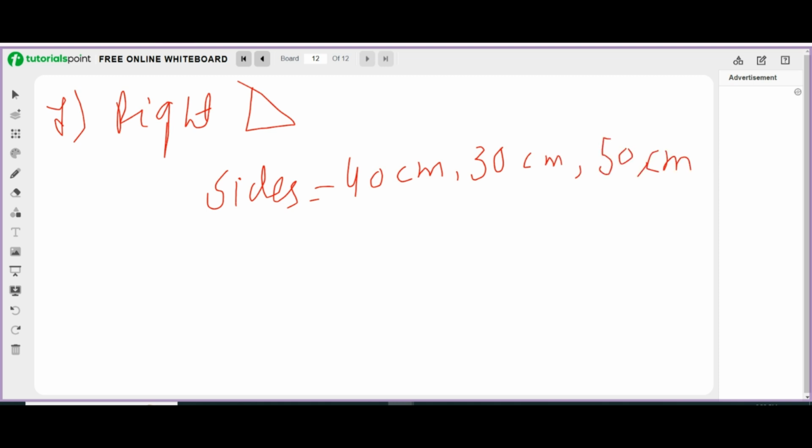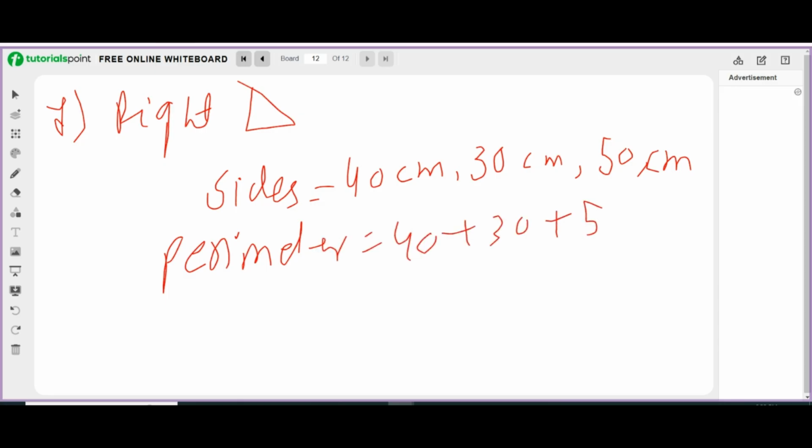And then what is the perimeter for the right triangle? Answer? 120 centimeter. Okay. Any question?